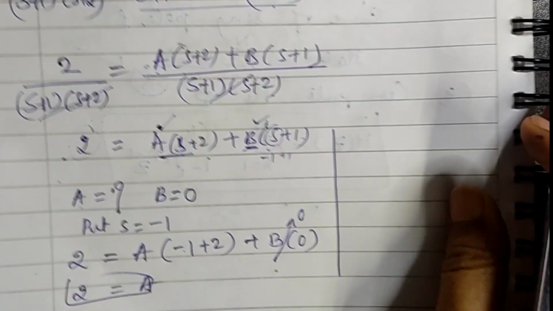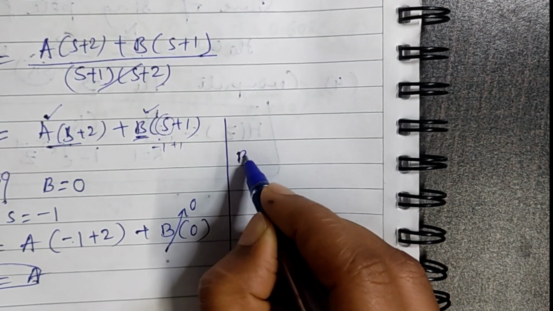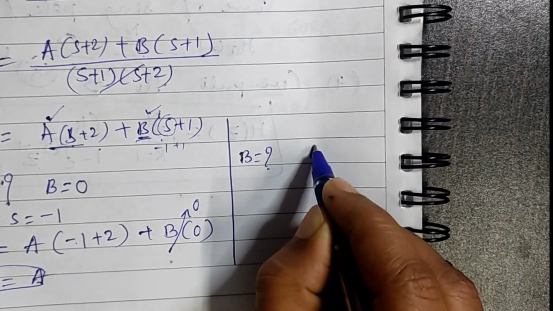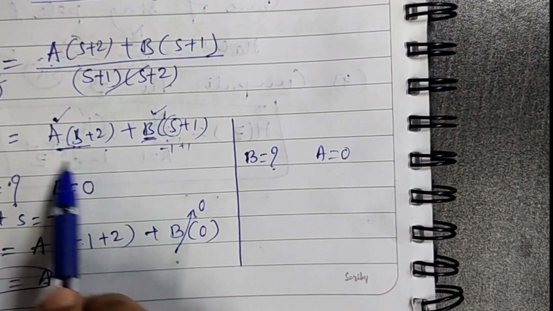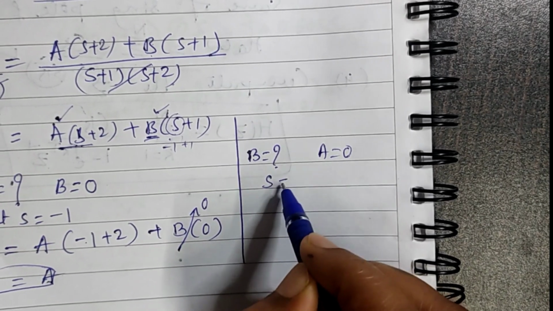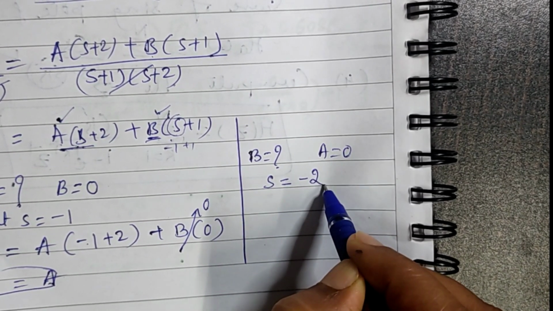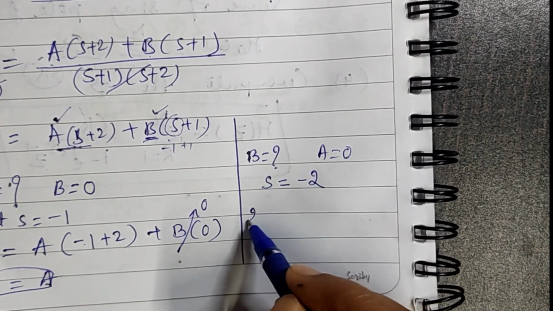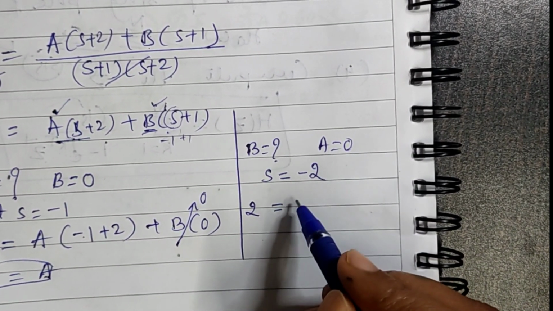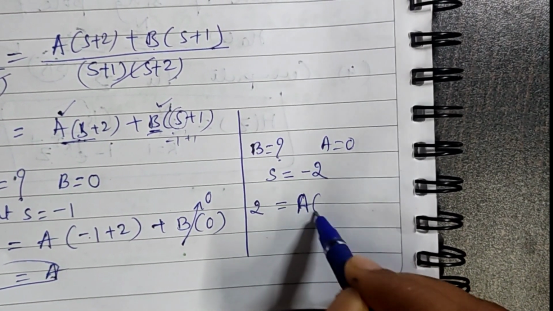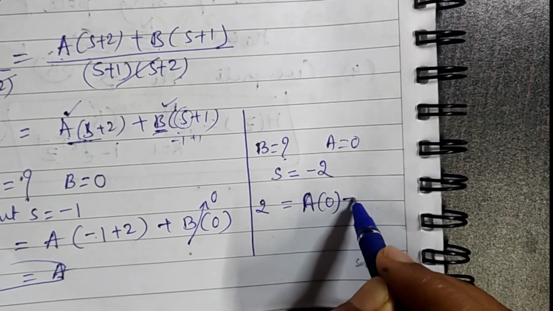Similarly we can calculate B, by making the A term equal to 0. What value can be substituted so that the A term goes to 0? The value of s is substituted with minus 2. The left hand side remains 2, there is no s part, and the A term is 0.